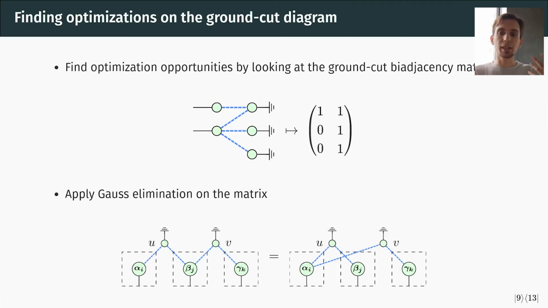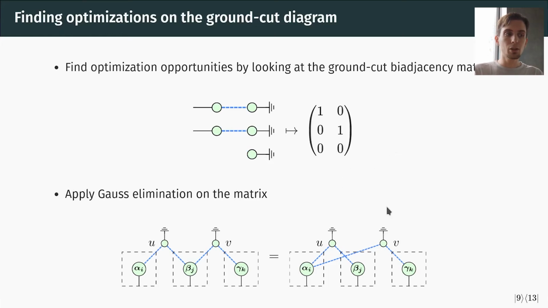We also introduced a new rule that lets us apply the row sum operation on this matrix by modifying the graph. So with this, we can now apply a Gauss elimination procedure to reduce this matrix to a reduced echelon form.